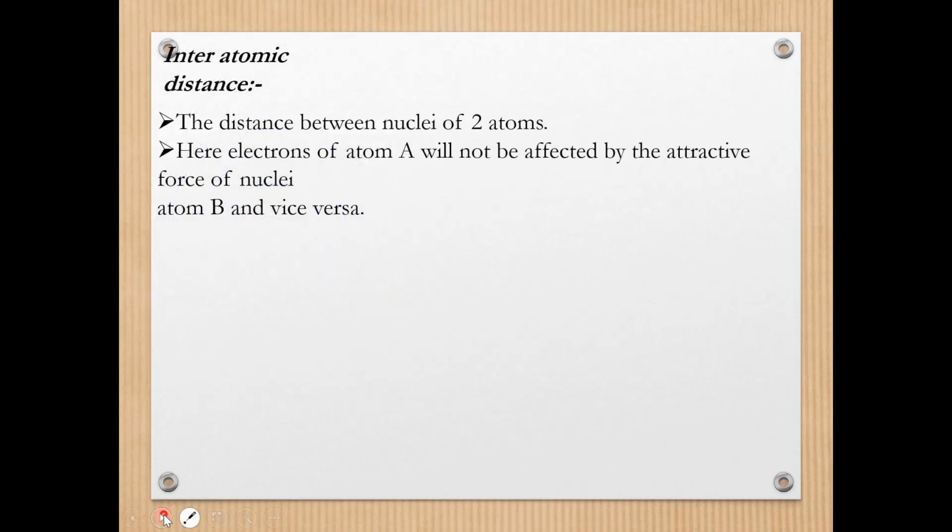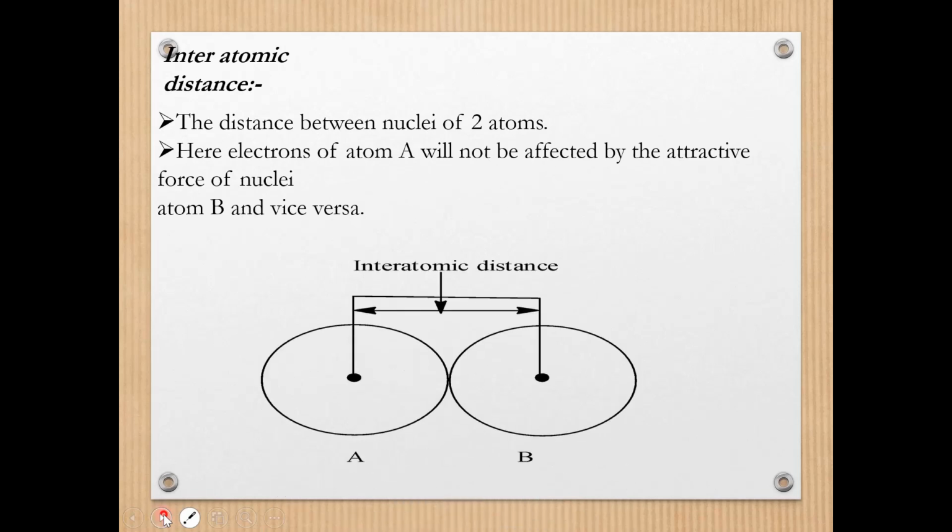Interatomic distance is the distance between the nuclei of two atoms. Here the electrons of atom A will not be affected by the attractive force of the nucleus of atom B, and vice versa. I will explain the above statement. Let us consider two atoms, A and B. The distance between the nucleus of atom A and the nucleus of atom B is known as the interatomic distance.